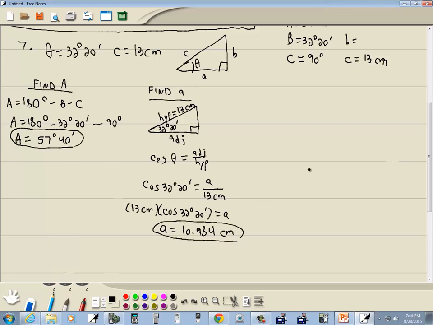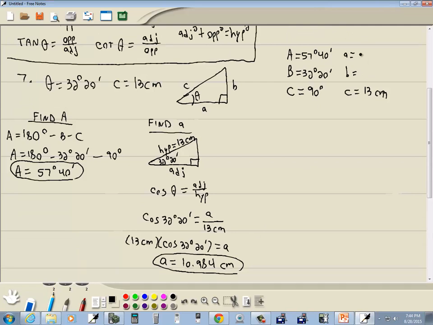Okay, well now we know what side A is. Side A is 10.984 centimeters. Well, now we need to find B. And let's draw a picture again. We're given this angle here, which is 32 degrees, 20 minutes.